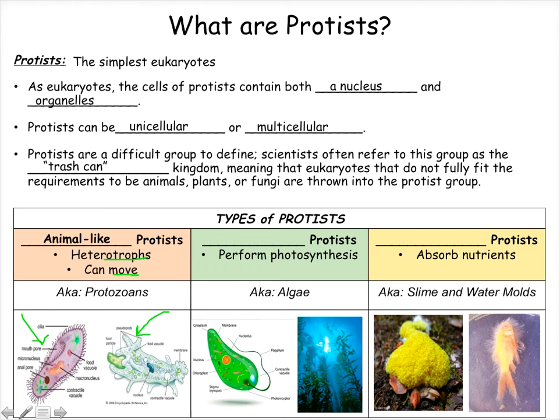However, these organisms do not meet all of the qualifications needed to be considered true animals. So instead, we call them animal-like protists. Another name for animal-like protists that you'll see in scientific study is protozoans.